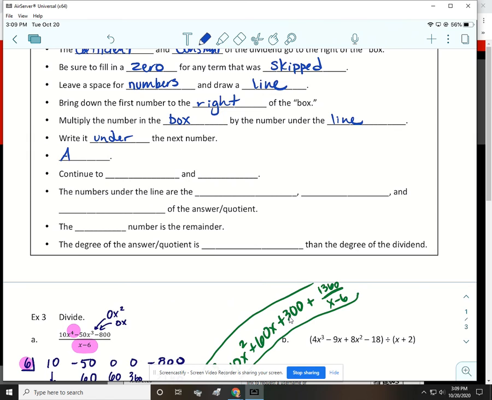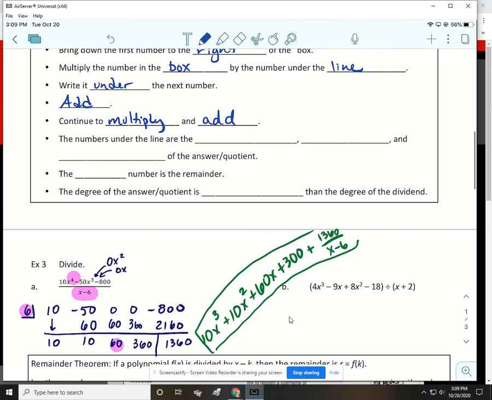All right, then you're going to add and continue to multiply and add until you get to the end of the problem. The numbers you have left, the numbers under the line, are the coefficients, the constant, and the remainder of the answer, or the quotient, which is another word for the answer.